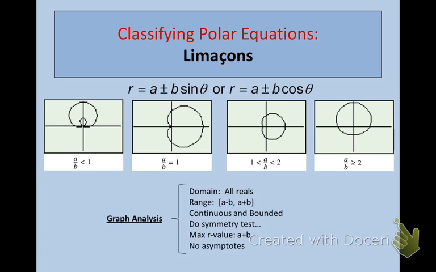Okay, look at the equation for this one. This one, it looks really similar to a circle, but what have I changed? Remember, this part was very similar to what we had for the circle. I have now added or subtracted a constant onto the circle equation, right?